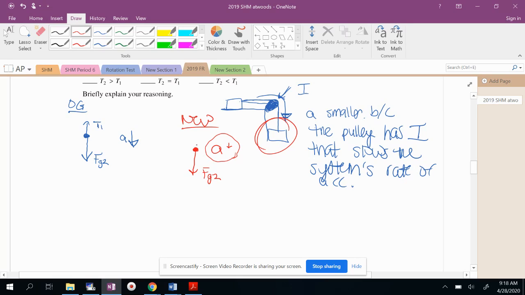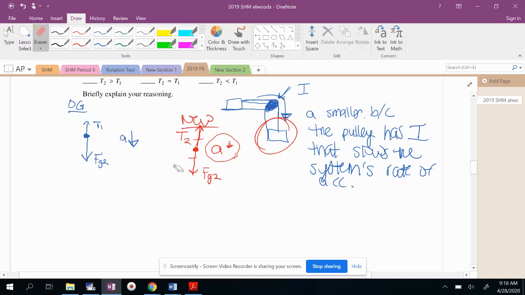Well, that means my tension force has to be closer to FG2, not as big, because this is still going to accelerate, not as big, but it's got to be closer to FG2 to really make these a little bit balanced. Now, if these were the same, there would be no acceleration. Okay, if these were the same, acceleration would be 0. That's not the case.